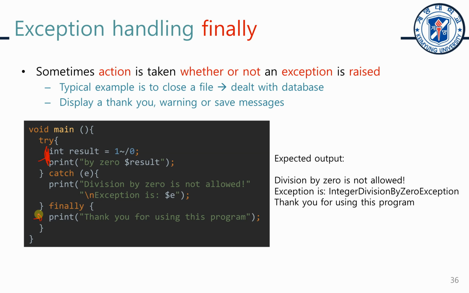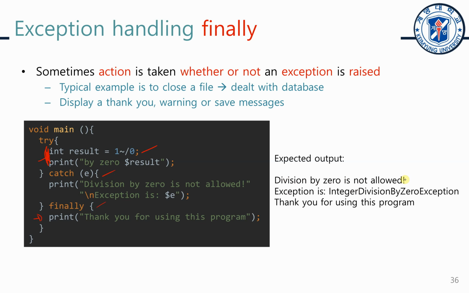So in this case, you actually execute the statements that must be completed. So you can see that, okay, let's divide 1 by 0. If it is impossible, just tell the user what happens, and then thank the user for using this program. So division by 0 is not allowed.